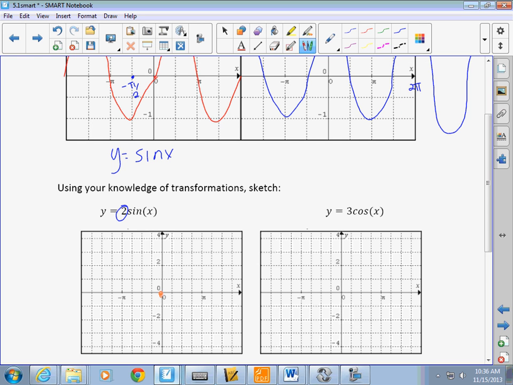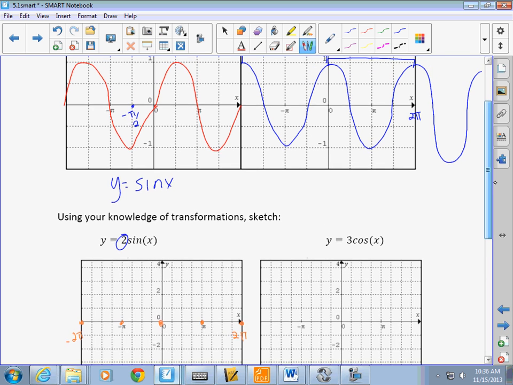So at 0, pi and 2 pi, those are still going to be 0. And I can do that on the negative side too. So at negative pi and at negative 2 pi, those will still be 0. What's going to change then are these 1s.